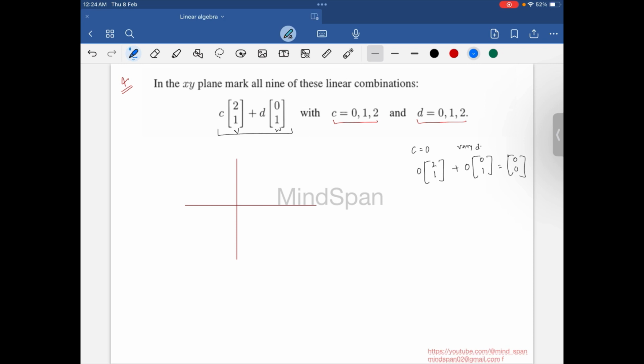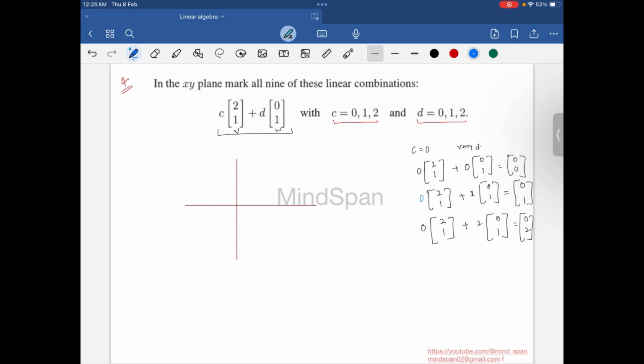We can now pick d equals 1, right? So what we will be getting is 0 1. Again here we will have 0 times 2 1, so we are fixing c and varying d, so we will get 0 2, right?